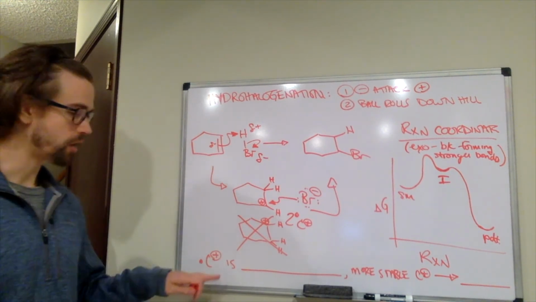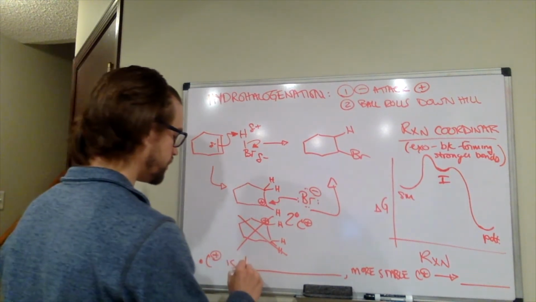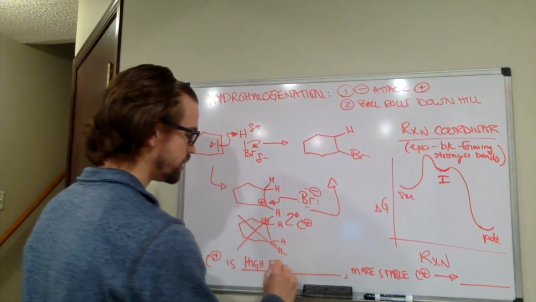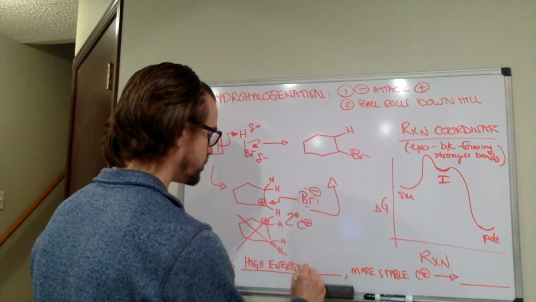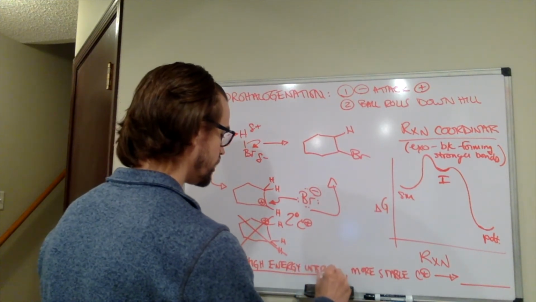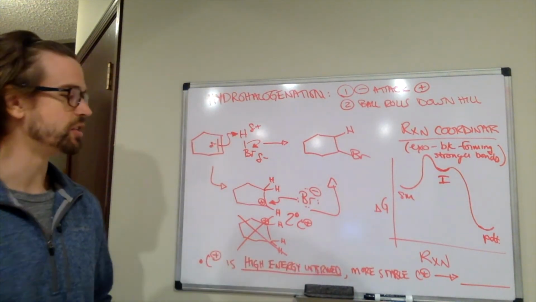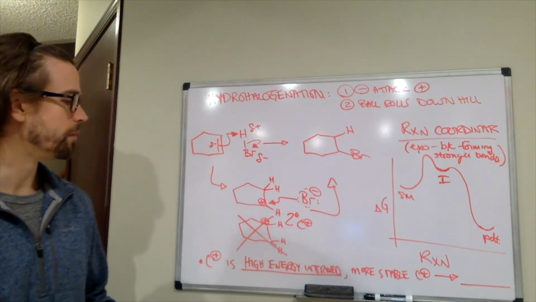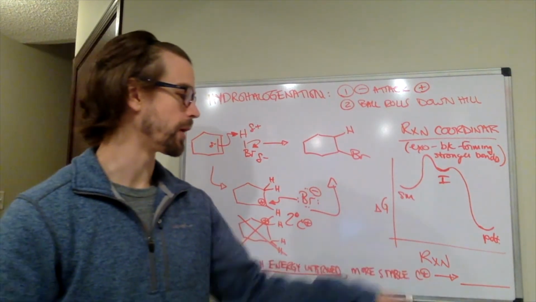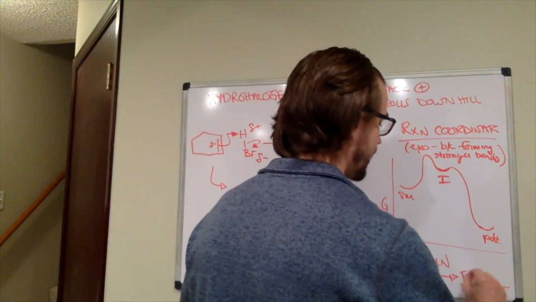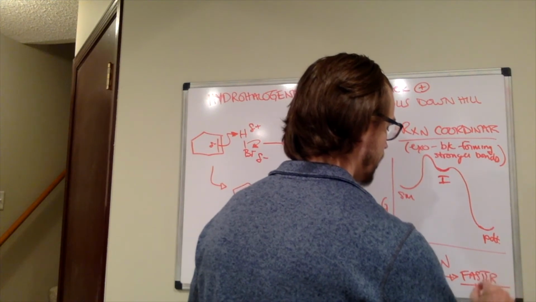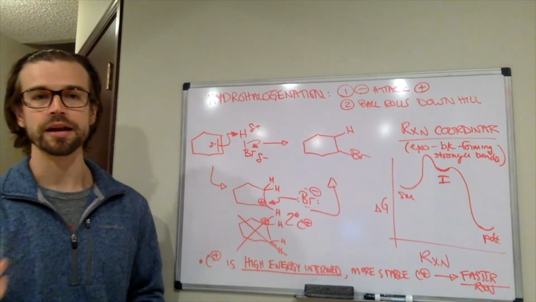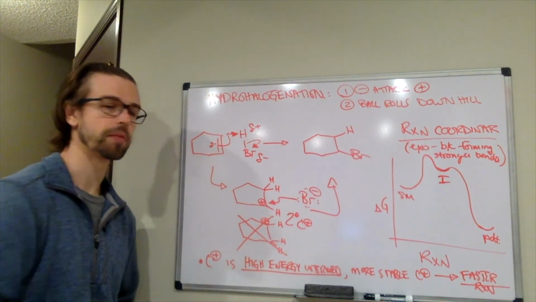So in this reaction, the carbocation is our high energy intermediate, and that high energy intermediate is a secondary carbocation in this case. A more stable carbocation will lead to a faster reaction. If we could have formed a tertiary carbocation, that would have been a faster reaction than a secondary carbocation.